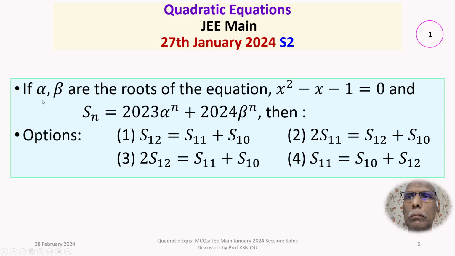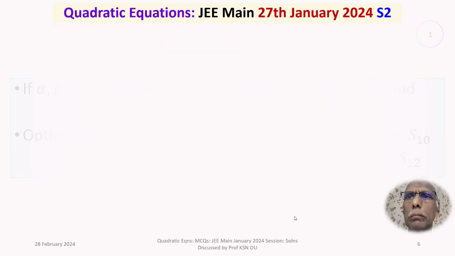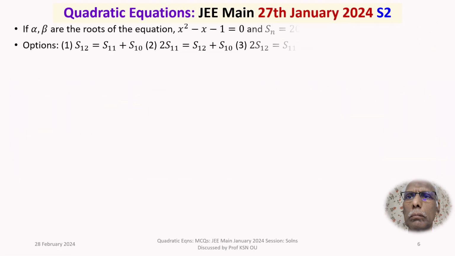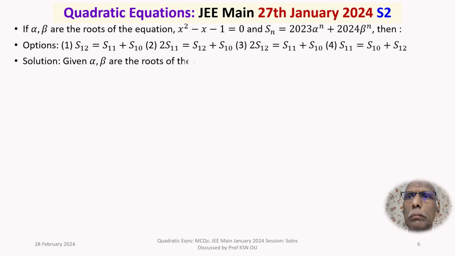We are also given alpha and beta are the roots of the equation, and we have Sn is equal to 2023 multiplied by alpha to the power of n plus 2024 multiplied by beta to the power of n, and we are required to find the relationship between S12, S11 and S10. Let's now discuss the solution of the problem in detail.